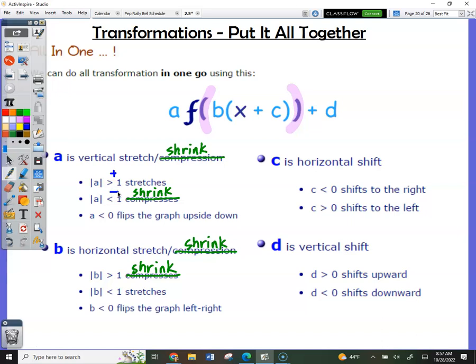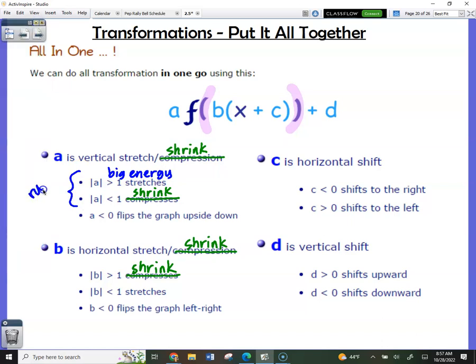If it's less than 1, it's shrinking. Big energy? Isn't that what it said? Rubber band? Remember this part? This was the rubber band demonstration that I showed you. If it's less than 1, it's a fraction of the energy. If it's negative, it's flipping over the x-axis.